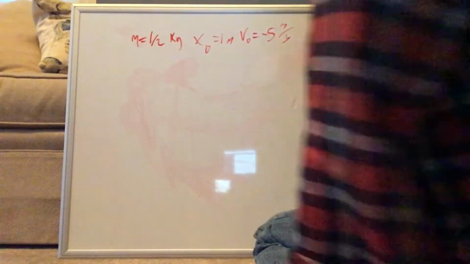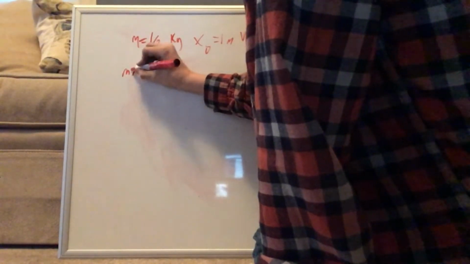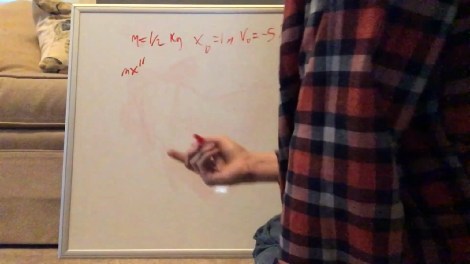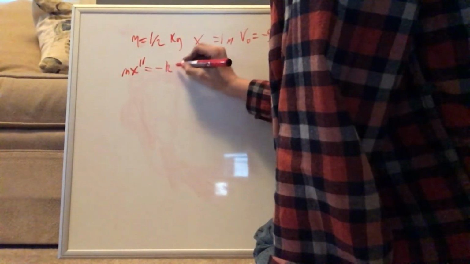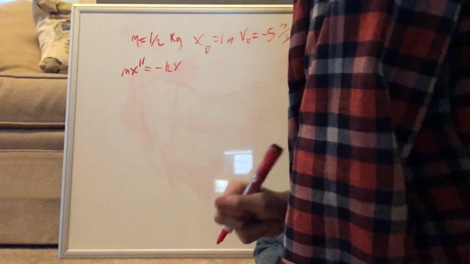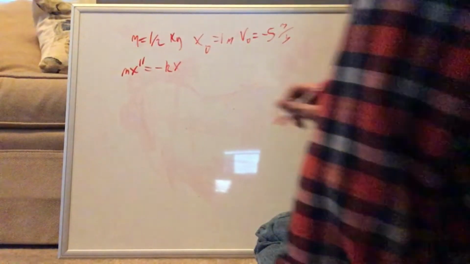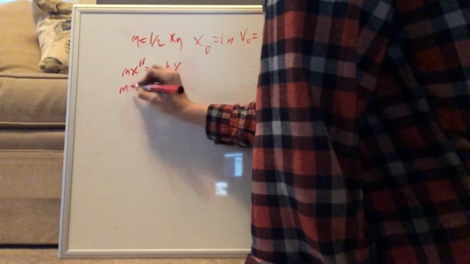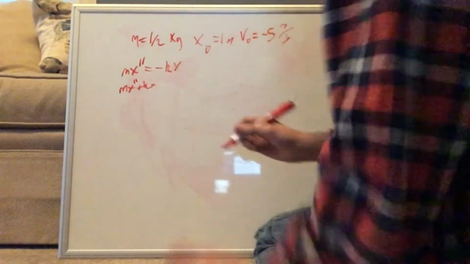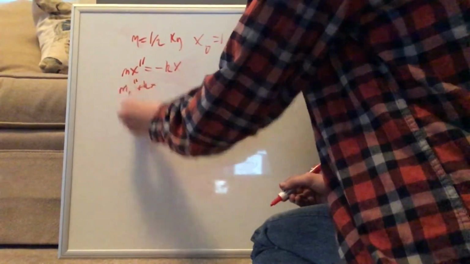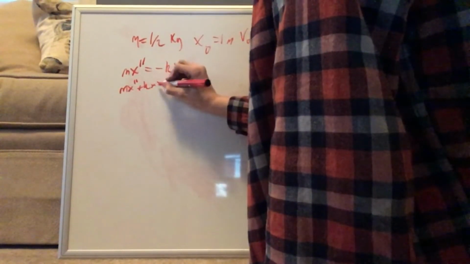So what we have is the mass times the acceleration, m times x double prime, the force, is equal to negative kx, the distance from the equilibrium point. That makes sense. Rewrite it as m x double prime plus kx equals 0.